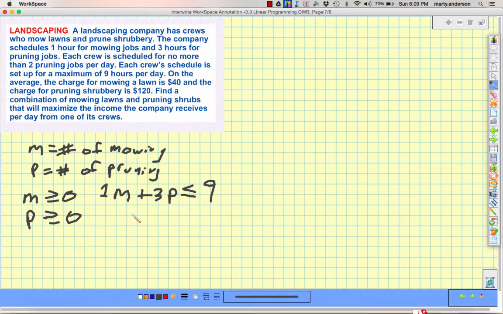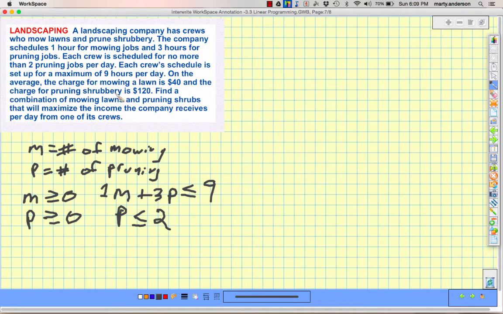And then it says that our pruning jobs has to be less than or equal to 2. You can't do more than 2 pruning jobs per day, it says up here.